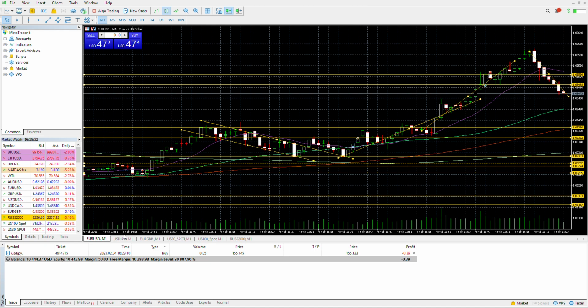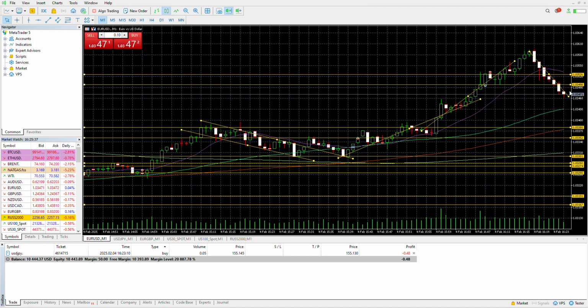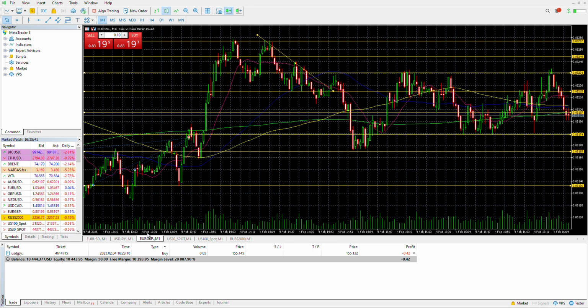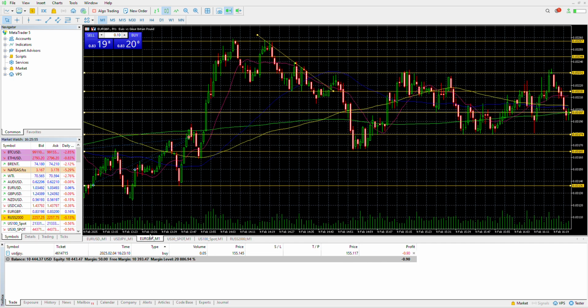It's possible this has hit the support area too. And it looks like it might have hit support here. So that could be in danger of losing.